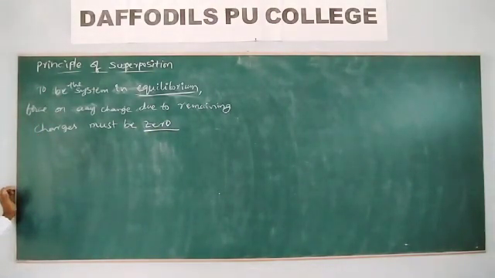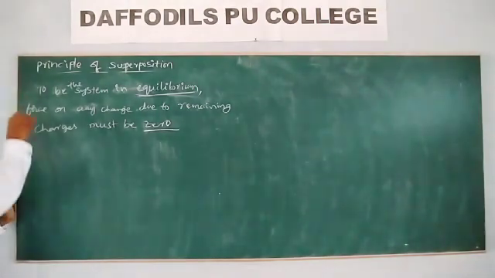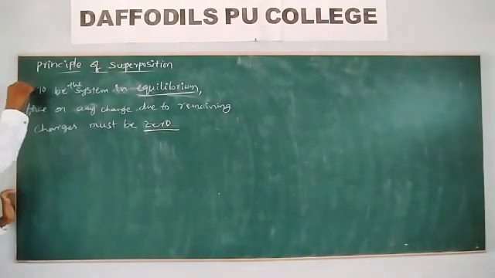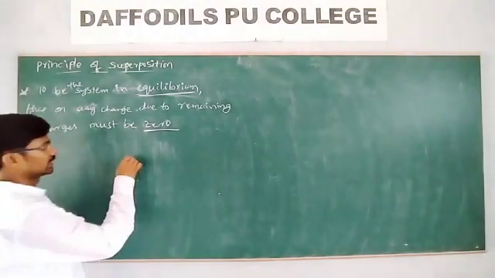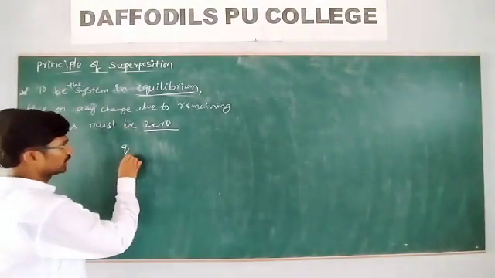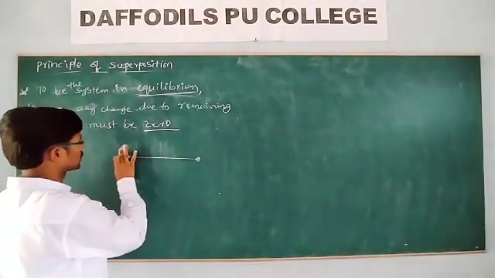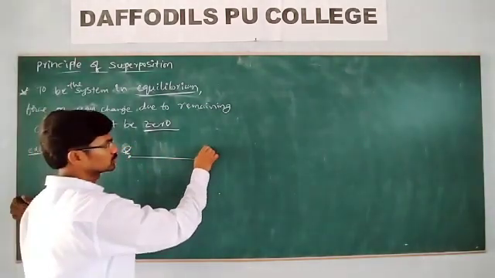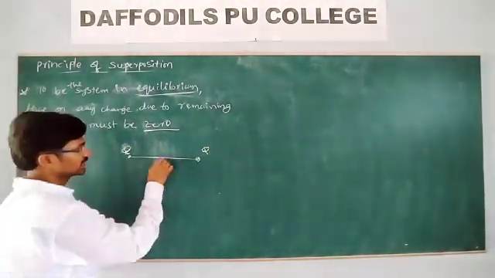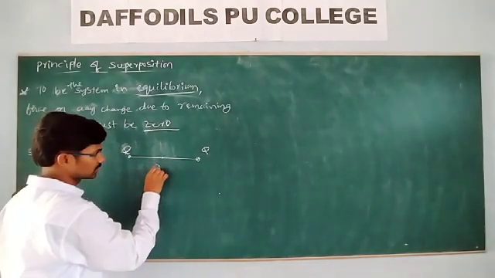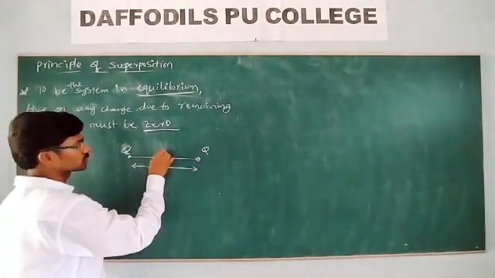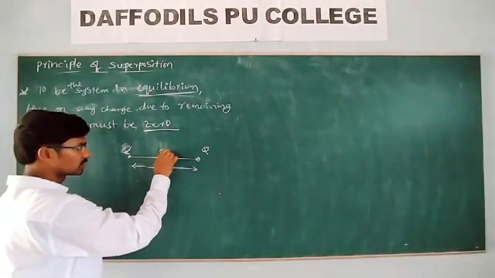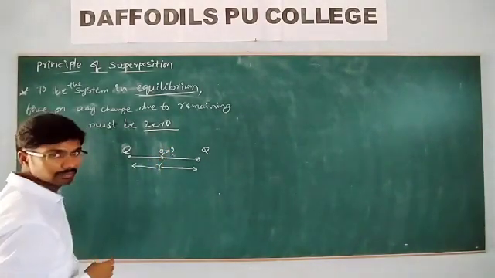So, let me calculate what will be the resultant force on this. We have taken a charge Q and a charge Q, which are separated at a distance R. Now what should be the magnitude of the third charge Q so that the system is in equilibrium?